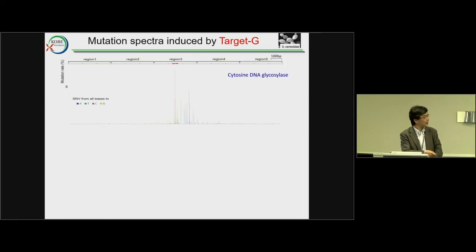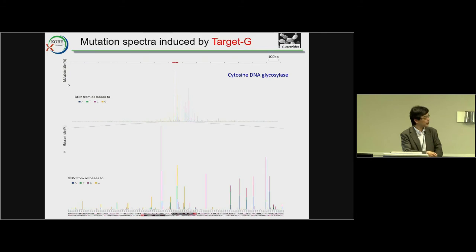If you utilize the glycosylase system, this window is 200 base pairs, so that means that around 400 base pairs, you can create a C to D C change. This is a cytidine DNA glycosylase. So you can create this in a very wide range, and you can create random mutations.